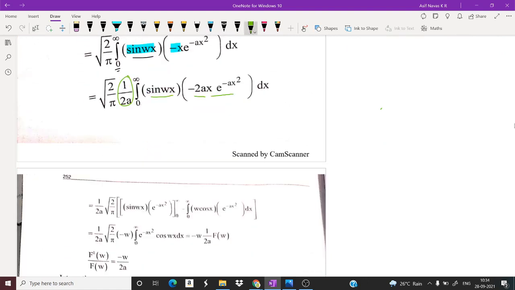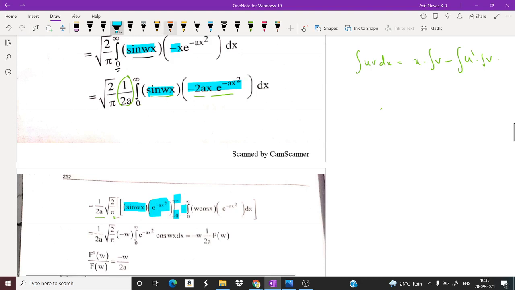Now we are integrating by parts: the integral of u v dx is u into the integral of v minus the integral of u dash into the integral of v. So I am writing 1 by 2a root 2 by pi times u, where u is sin omega x into the integral of minus 2ax e raised to minus ax square, which is e raised to minus ax square, from 0 to infinity, minus the integral of sin omega x's derivative, which is omega cos omega x, and this integral is e raised to minus ax square dx.